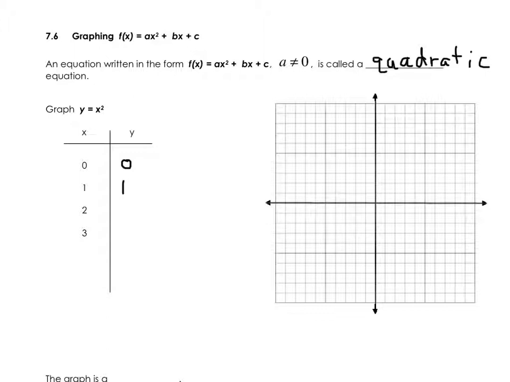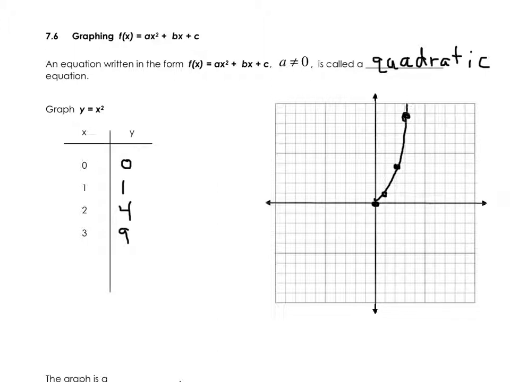If x is 2, y is 2 squared, 4. If x is 3, y is 3 squared, 9. So we have 0, 0. We have 1, 1. We have 2, 4. And we have 3, 9.